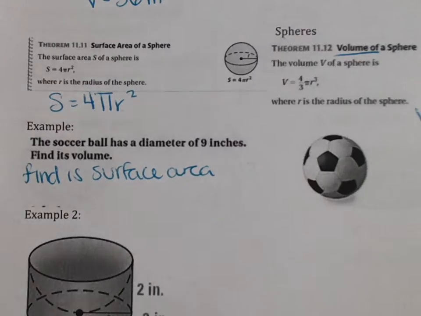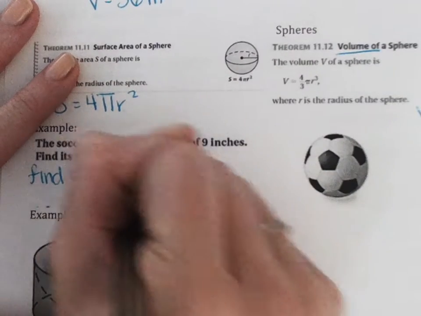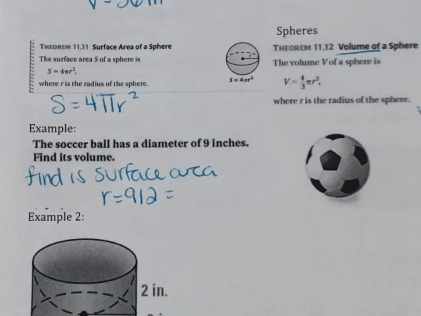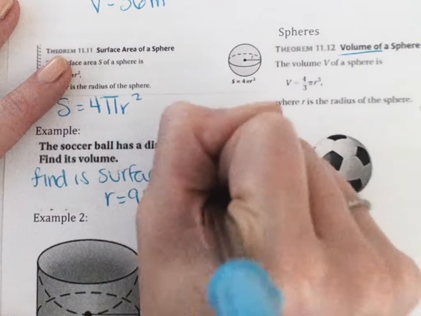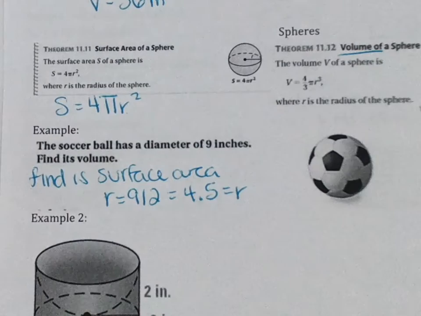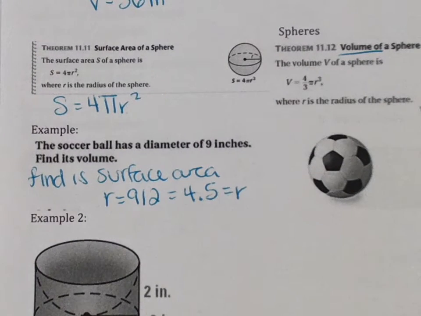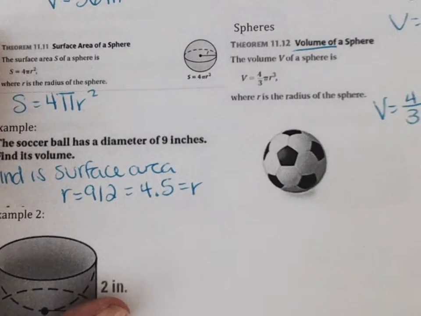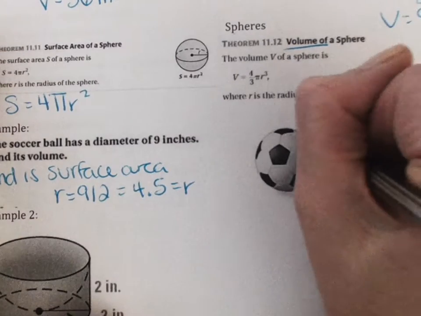We have to find the radius. So the radius equals 9 divided by 2, the diameter divided by 2, which is 4.5. That's equal to r. Now that we have r, we can do both the volume and the surface area. So let's do volume first.